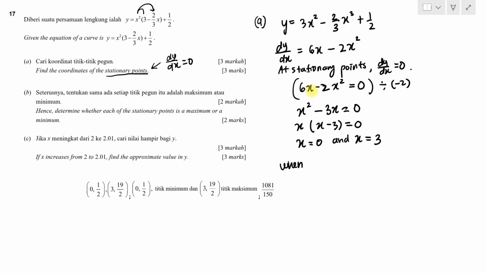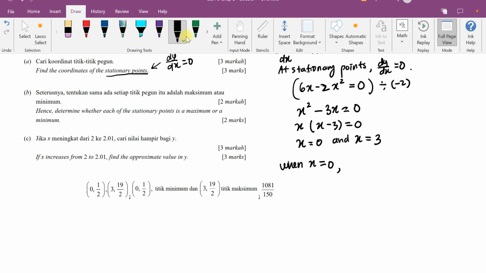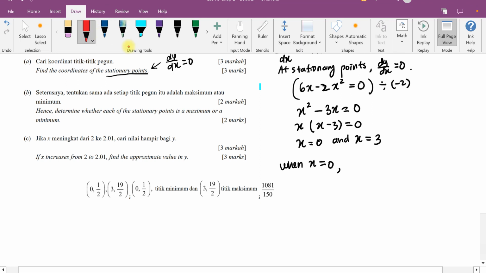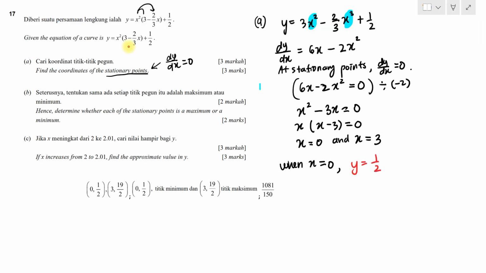So when x equals to 0, very simple. You substitute 0 in the equation. As you can see, 0 here, 0 here. So the whole thing will be 0, whole thing will be 0 plus half. So the only answer you'll get is y equal to half. When x equals to 3, we need to substitute.